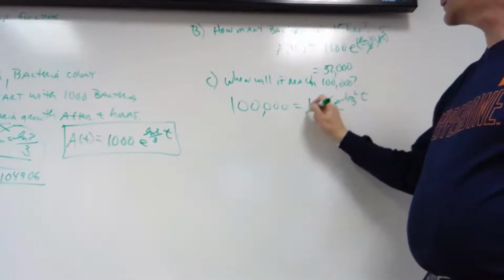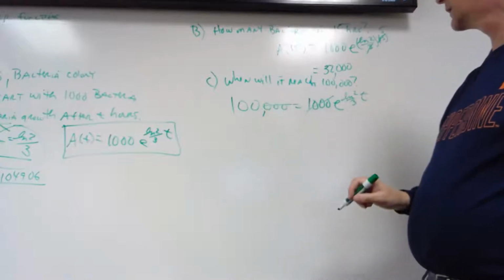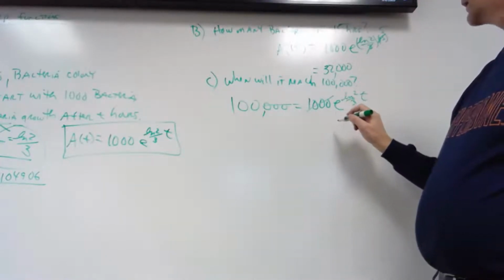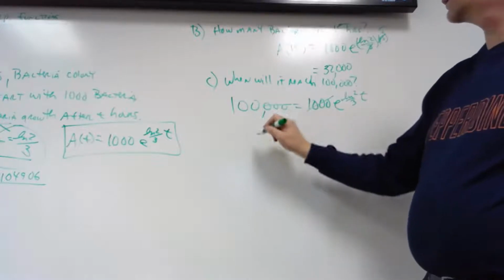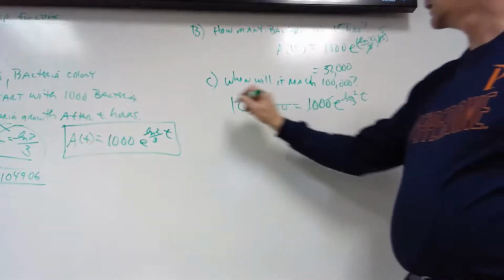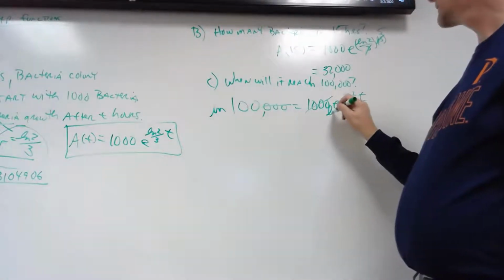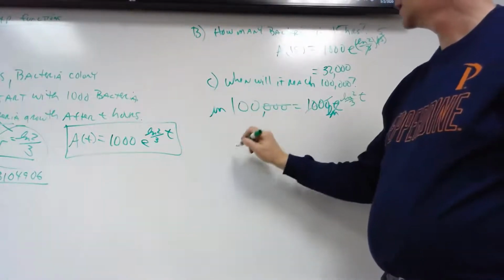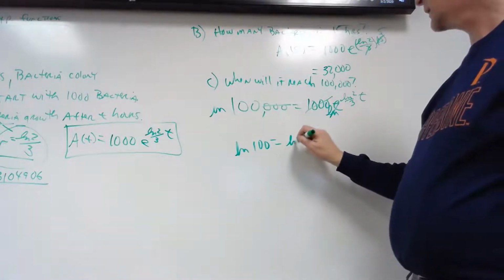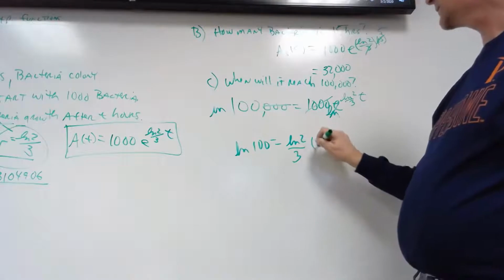So the 1,000 takes out 3 of those zeros. Then what do I do? Natural log of both sides. That's going to wipe out that.